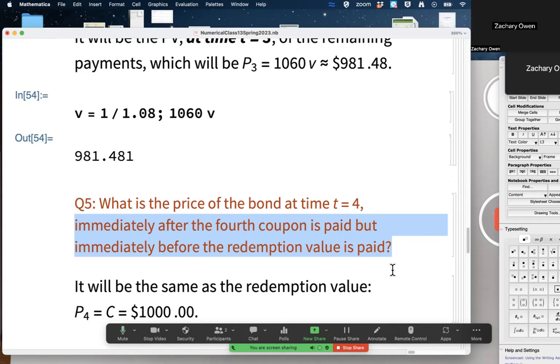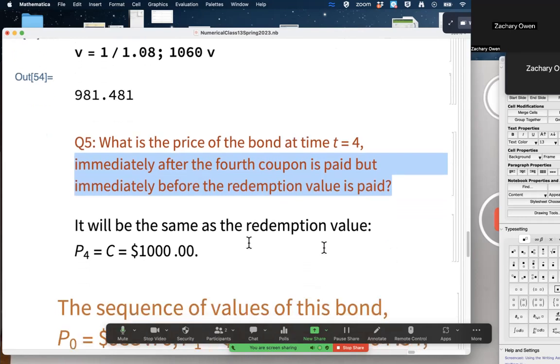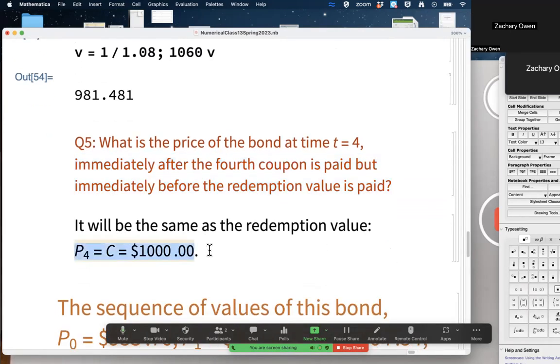But for the sake of thinking about this kind of stuff, pretend the coupon is like 1 second before the redemption value. So in that half second in between, the value is 1,000. Like if you wanted to sell it in that half second to somebody, you'd sell it for 1,000 actually, no matter what the market conditions were, because you're only going to get 1,000 back. So, it's like $1,000 for $1,000. It doesn't accrue interest.